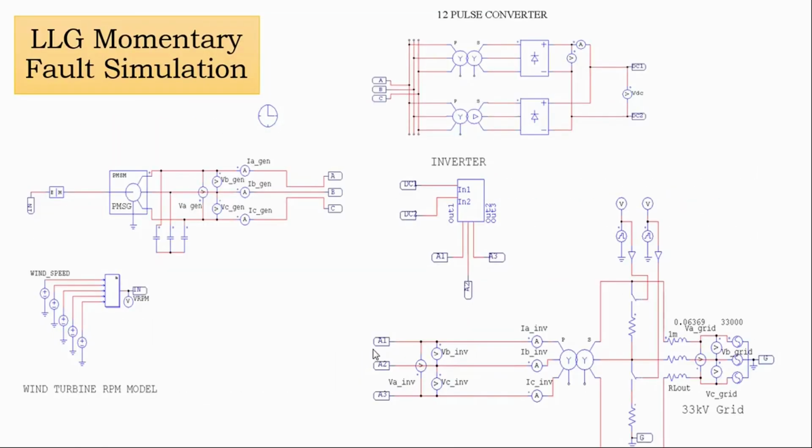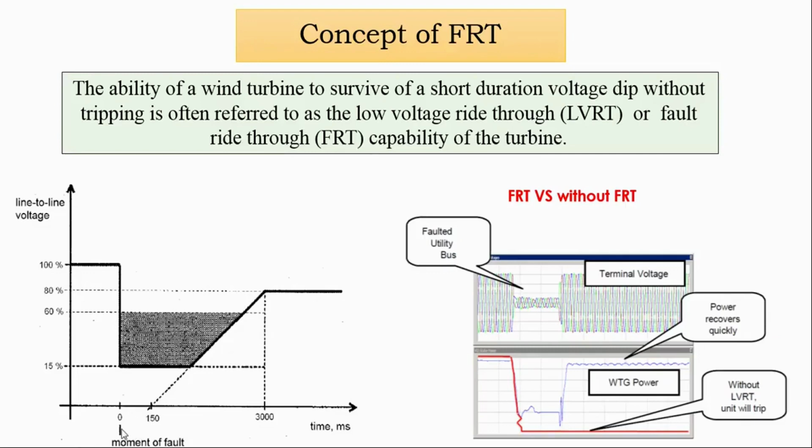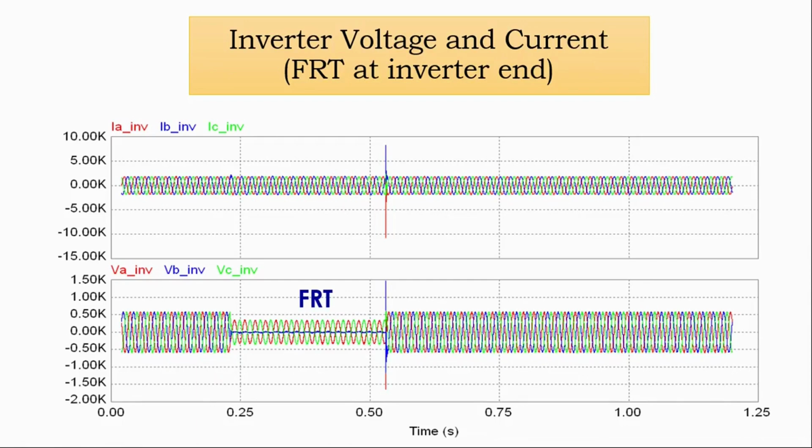Now what is that? The regaining of the voltage is after the post-fault condition. If the fault is momentary in nature, within 3000 milliseconds, which is the particular time as per the standard, the 80% voltage profile has been regained, known as FRT. It may happen that the spike is so high that our relay might trip.